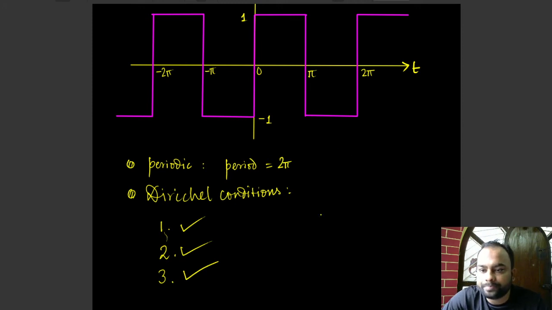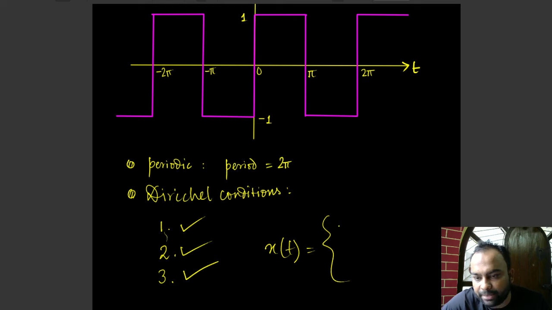With that said, we have to find an expression for the signal within the period. For example, from -pi to pi, what is the expression for the signal? We have a very simple expression. I can say x(t), and this is the piecewise definition.